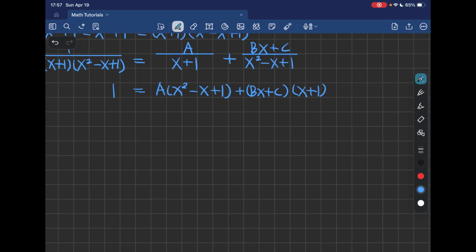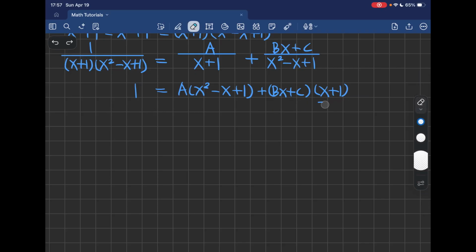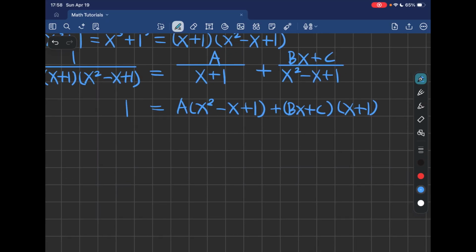That's because I got rid of the bottom, and the bottom for each of these fractions is just equal to this product, right? So I just got rid of the denominators. So now we can start solving for a, b, and c. And I solved a first, then b, then c. And let's see how to do that.